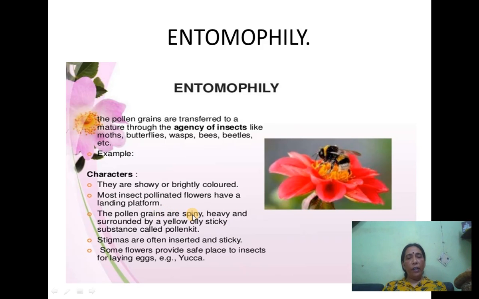Mostly insect-pollinated flowers have a landing platform. The pollen grains are spiny, heavy, and surrounded by a yellow, oily, sticky substance called pollen kit. Stigmas are often inserted and sticky. Some flowers provide a safe place to insects for laying eggs. Example, yucca.